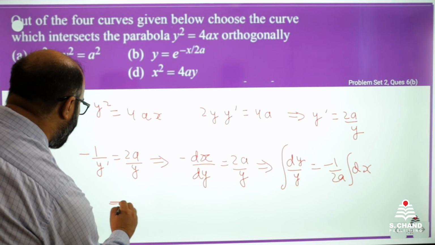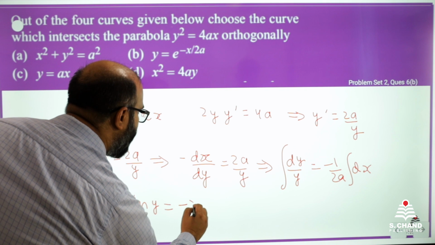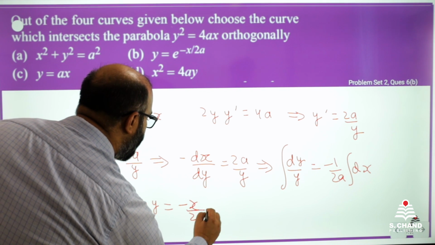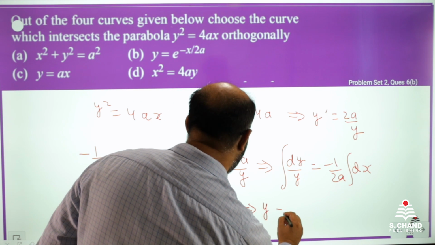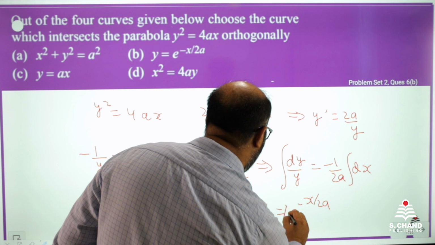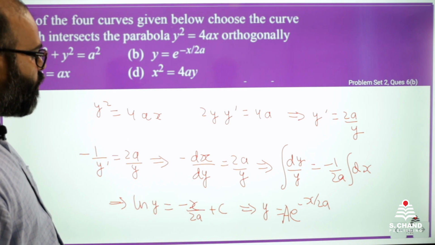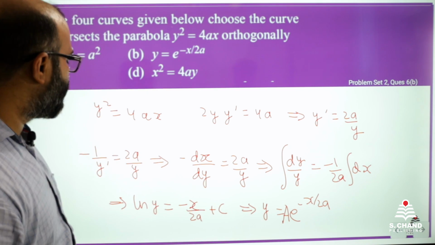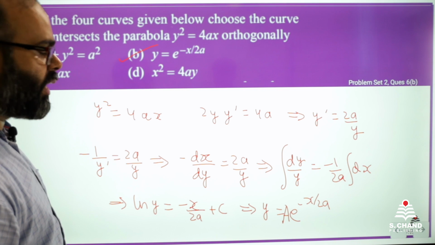Now this will become log of y is equal to minus x by 2a plus constant, which will become y is equal to e to the power minus x by 2a into a constant, suppose capital A. So we can say out of all the family of this curve, the one matching the given option is option number B, where capital A is equal to 1.